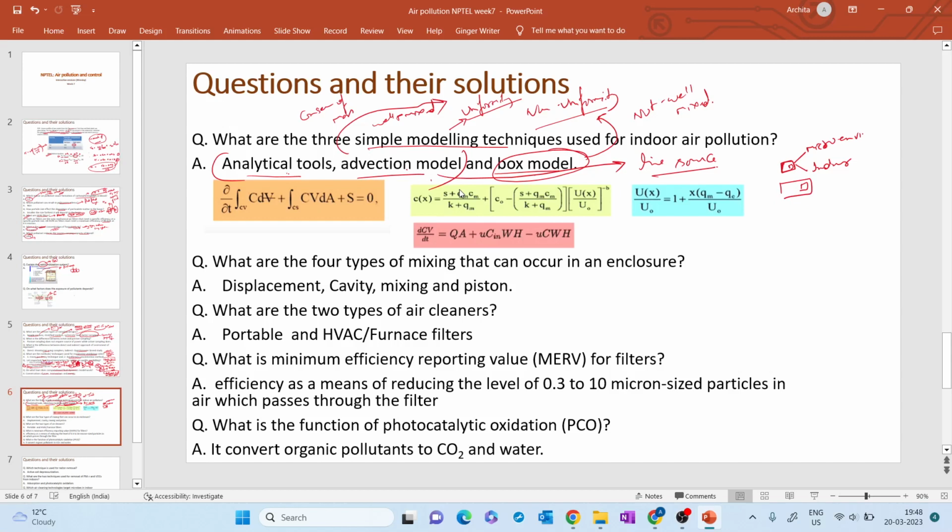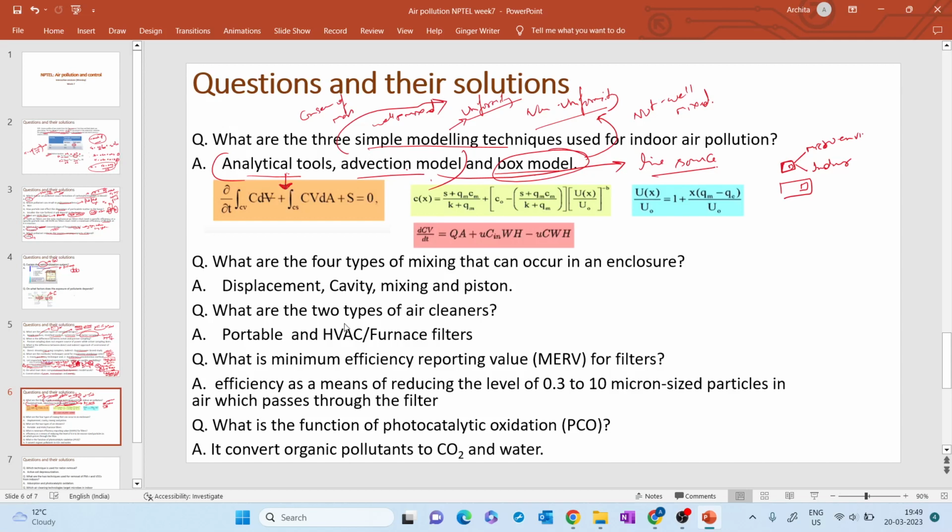And box model is about non-uniformity, when we are considering that it's not necessary that the pollutants inside a particular system are well mixed or uniform.